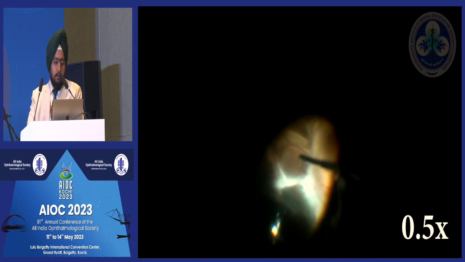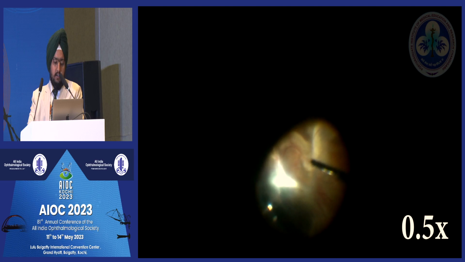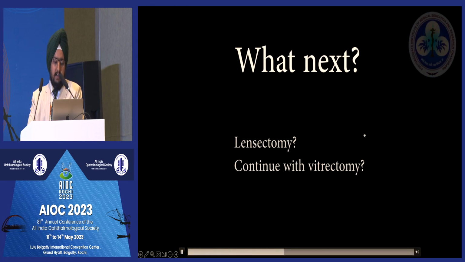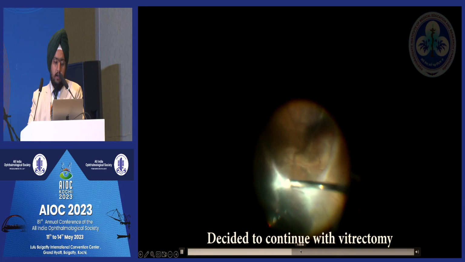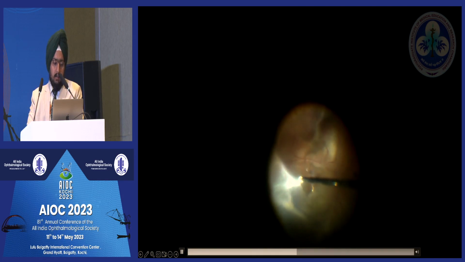Yeah, I'll just show you in slow motion what happened. So actually the machine was also malfunctioning at this point of time. So this was the lens touch over here. We decided to continue with the vitrectomy and not do a lensectomy, since the touch was outside the visual axis and I could visualize what I wanted to do.